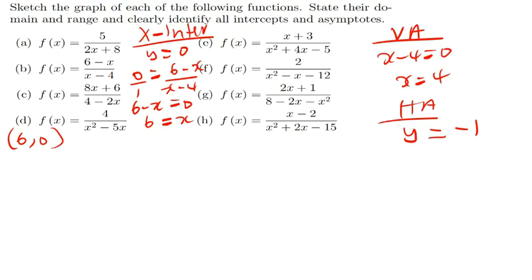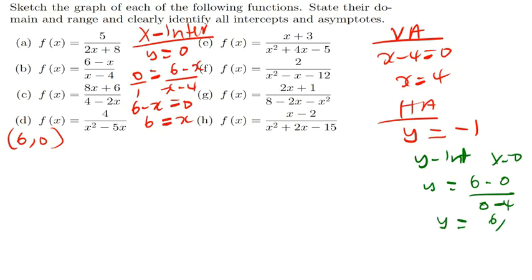Go ahead and also find the y-intercept. To find the y-intercept, x should be equal to 0. So y is equal to 6 minus 0, over 0 minus 4. So y will be equal to 6 divided by negative 4, which is negative 3 over 2.